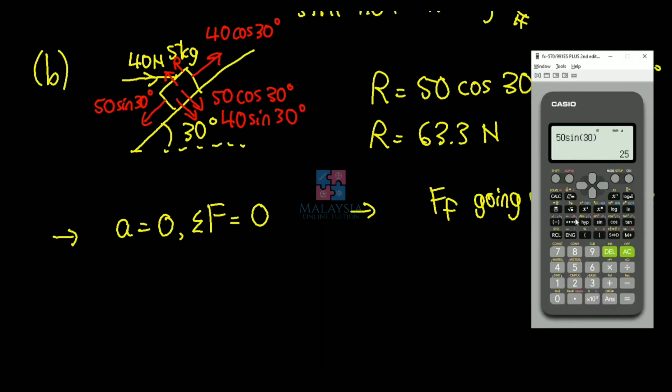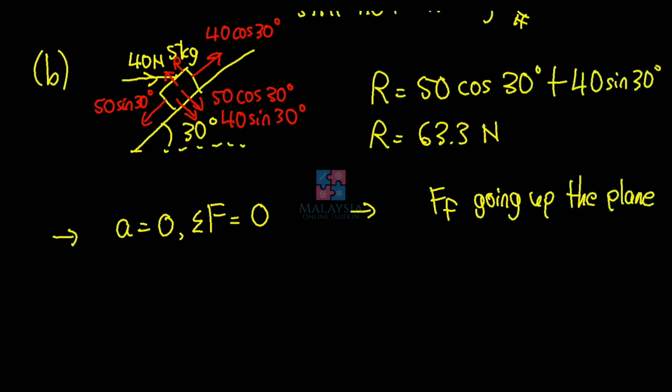So going down the plane will be 25, and 40 cos 30 degrees will be 34.64. So we know that for a frictional force to be going up the plane, the forces going down the plane must be bigger. But since your forces going up the plane are always bigger than the forces going down the plane, your frictional force is only possible going down the plane. That's the explanation.